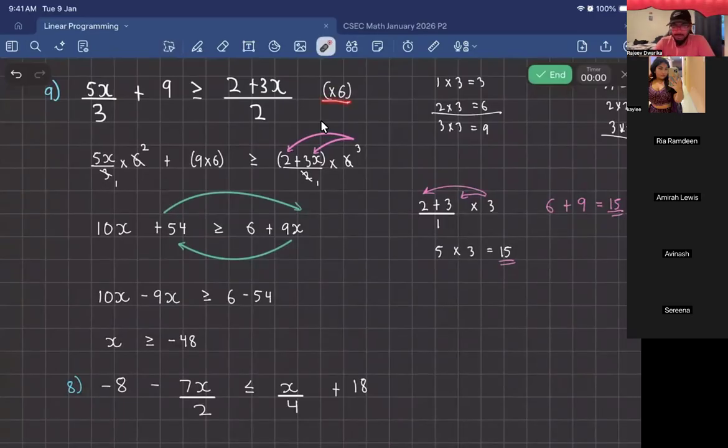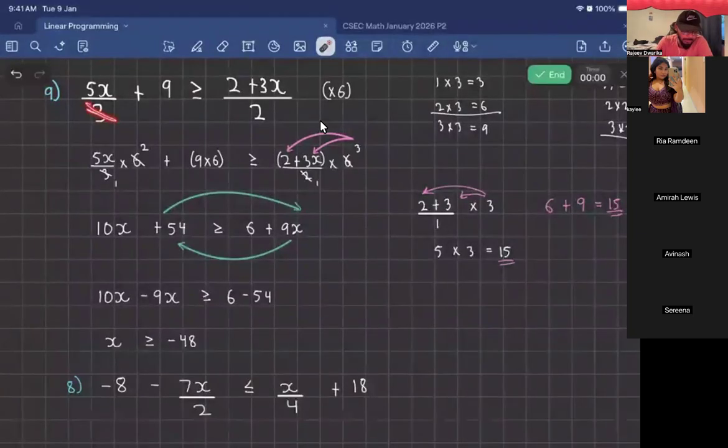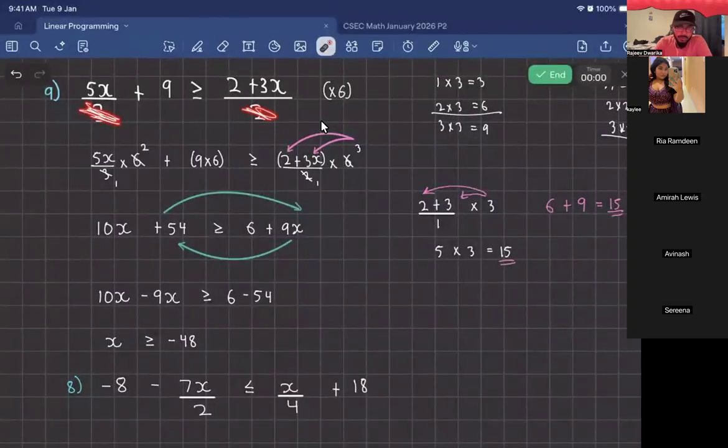Why do you think I multiplied by 6? Because 6 is the LCM. When I multiply by 6, I get rid of 3 from the denominator, and I get rid of 2 from the denominator, because we hate working with fractions. So what was the LCM between 2 and 4 here? It's the same concept you're going to apply.